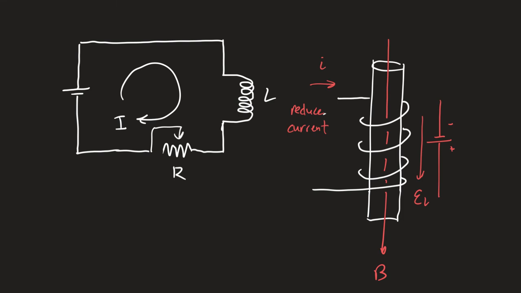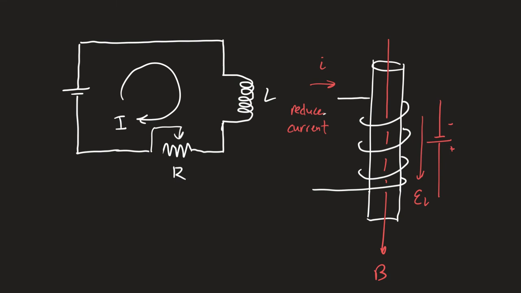Remember, the back EMF is trying to maintain the state of flux that exists. And that state of flux is based on the current that's passing through the wires. So if you attempt to reduce that current, the EMF will be created to help sustain that current.